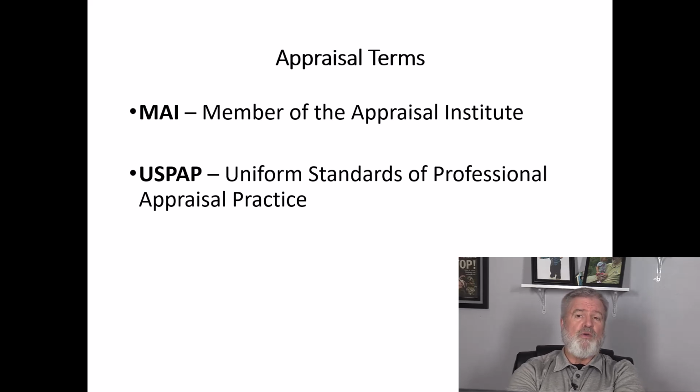But really, all you need to know is what it stands for. Y'all, MAI is the acronym for Member of the Appraisal Institute. That's it. That's all you need to worry about for that. And then that next one is USPAP, which is the acronym for Uniform Standards of Professional Appraisal Practice.